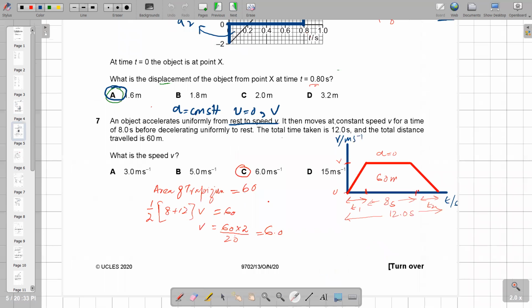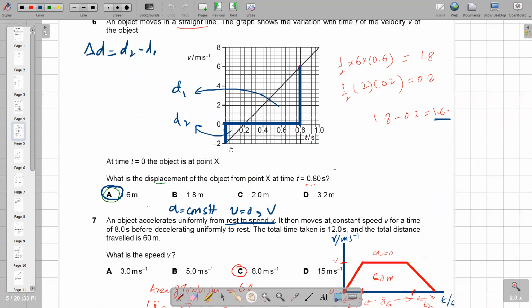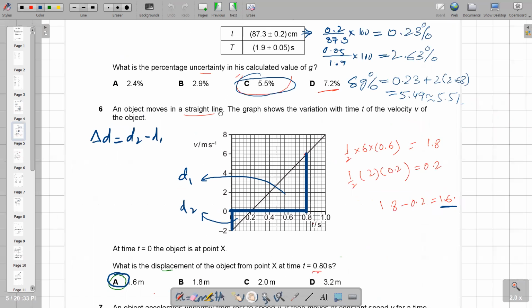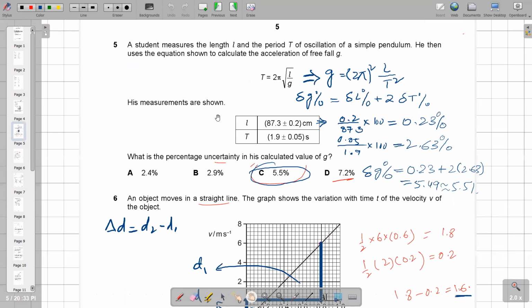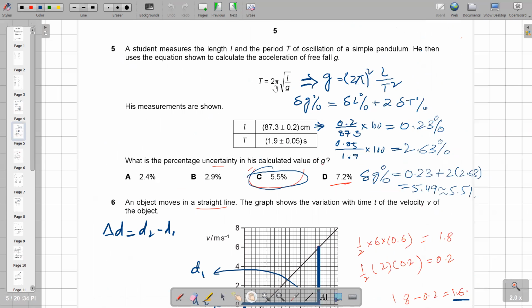Question number 5: we have been given an equation, T equals 2 pi under root L over g.